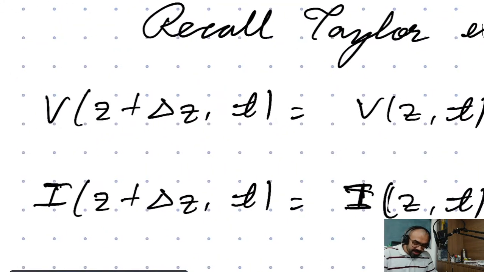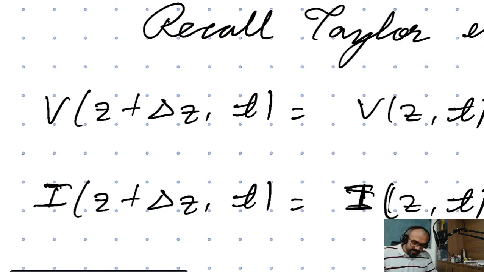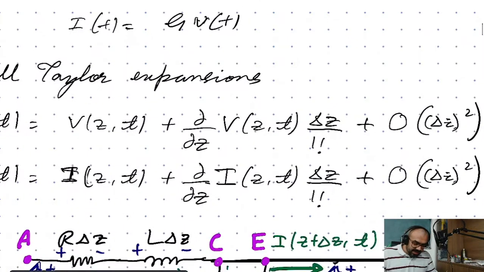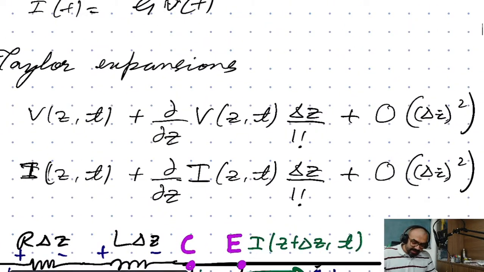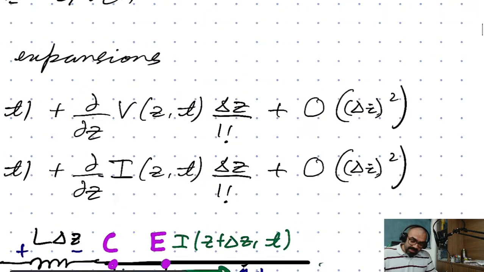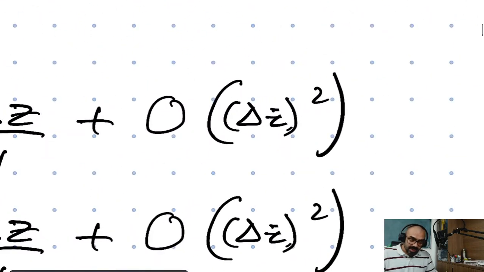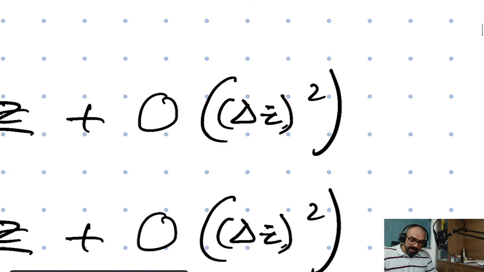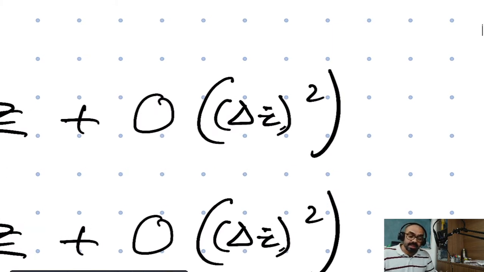So the voltage at z plus delta z as a function of time, expanded around z, is given as V(z,t) plus the first partial derivative of V with respect to z times delta z. Now, plus, of course, there are some error terms here, which we are assured are of the order of delta z squared, or even delta z cubed.